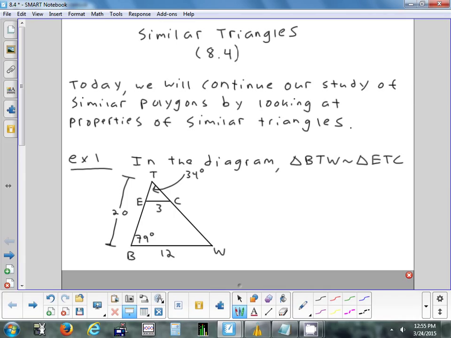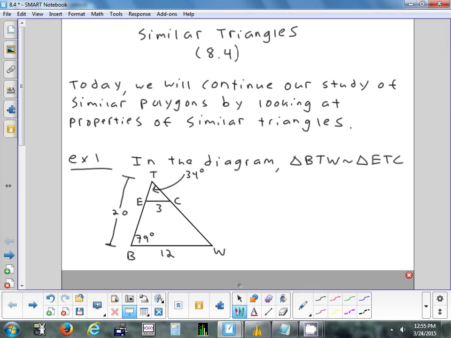All right, so here's our first example. We're just going to jump right in with an example. It says in that diagram, triangle BTW, that's the big one, and triangle ETC are similar. What do we know right away?